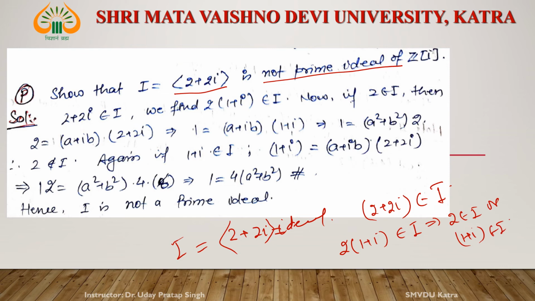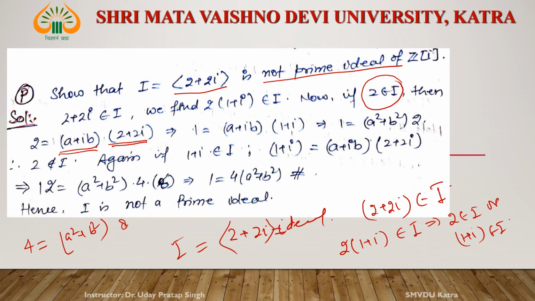See, let us assume 2 belongs to I. Then 2 equals (a plus ib) into (2 plus 2i). Now squaring both sides, we get 4 equal to (a square plus b square) times (2 square plus 2 square), that is 8.